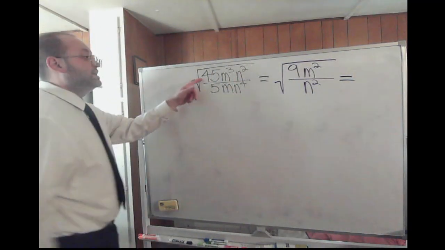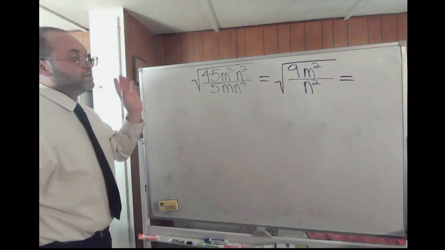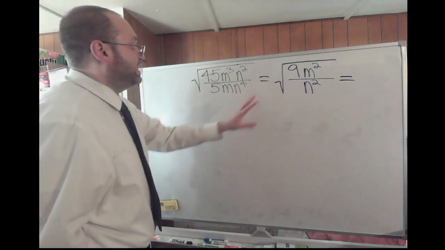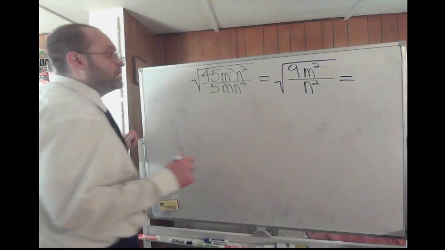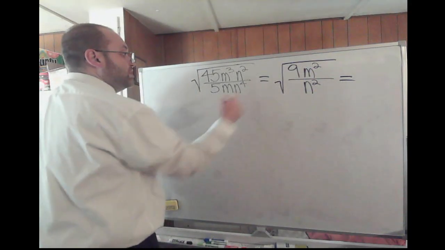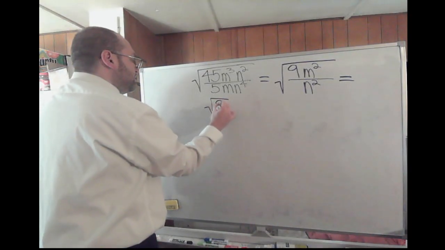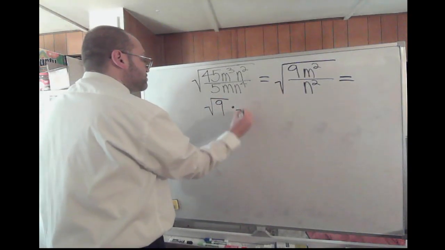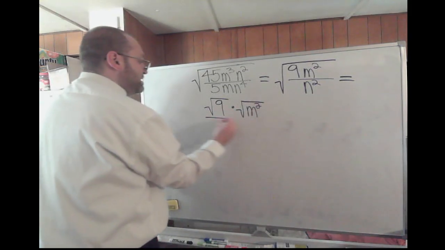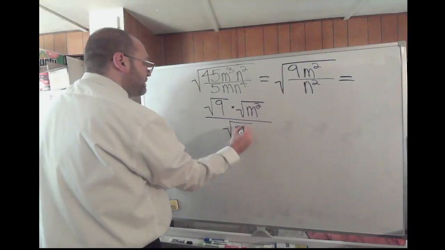Yes, we could have picked this apart piece by piece, but that wasn't necessary if you can simplify everything in there before you start. Now, we can separate these square roots. In the numerator, we have the square root of 9 times the square root of m squared over the denominator, which is the square root of n squared.